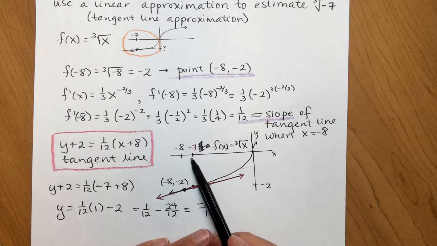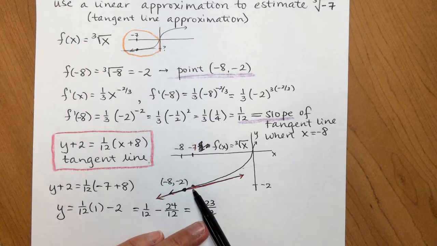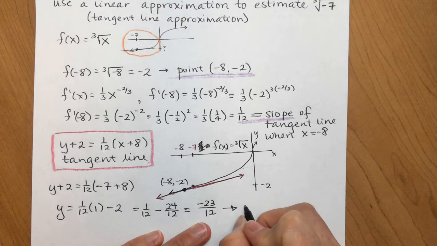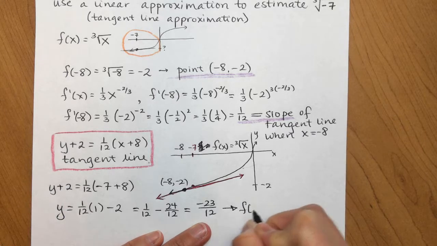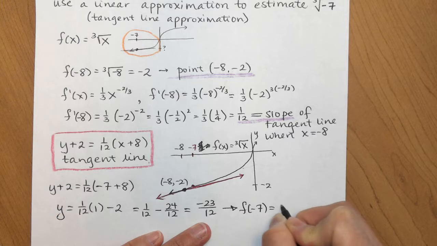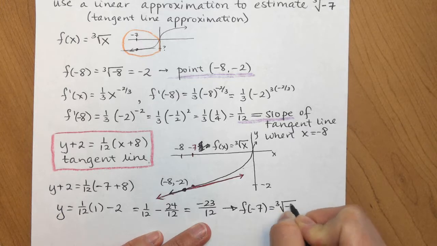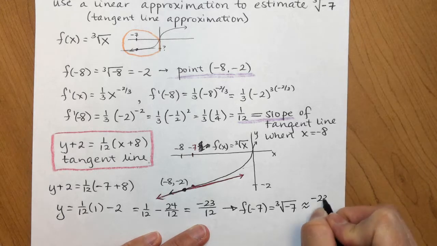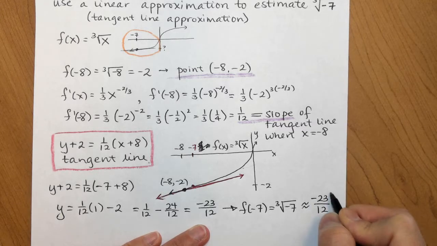When x is -7, the y value of the tangent line is -23/12. And that gives me an approximation of f of -7, or the cube root of -7 is approximately -23/12.